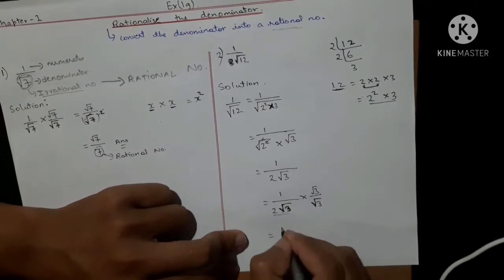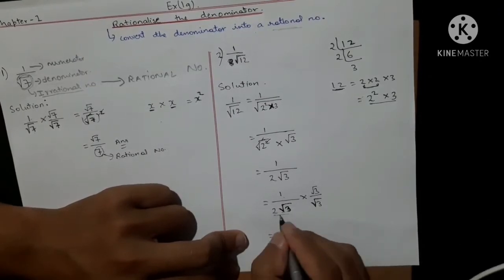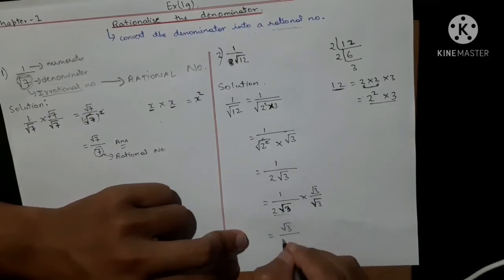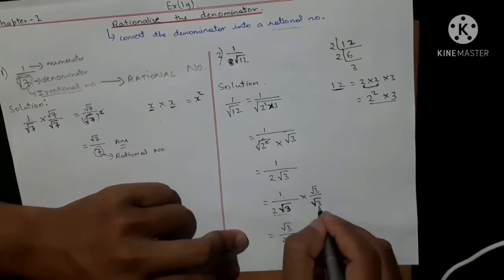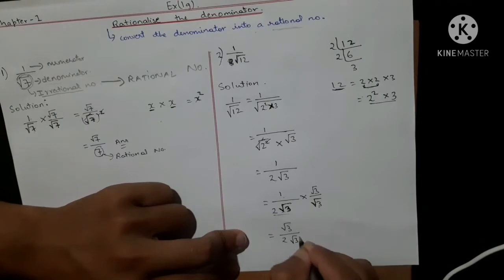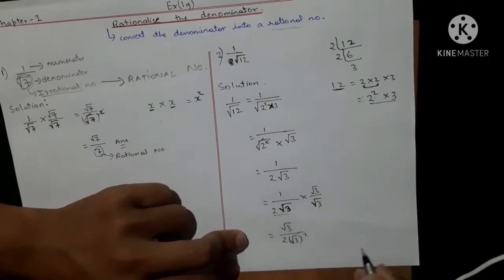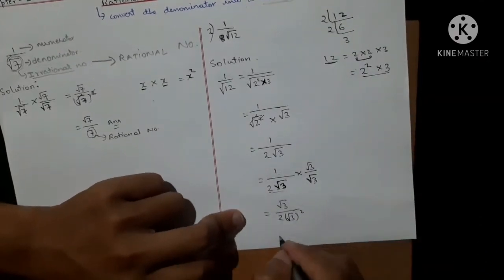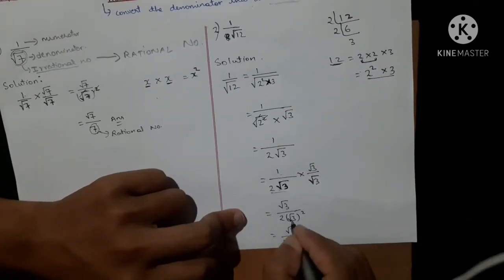1 into square root 3 equals square root 3, and in the denominator 2 square root 3 into square root 3 equals 2 times square root 3 whole thing square, and this equals square root 3 divided by 2 times 3.